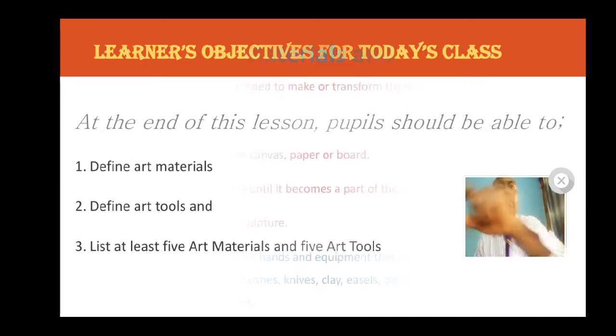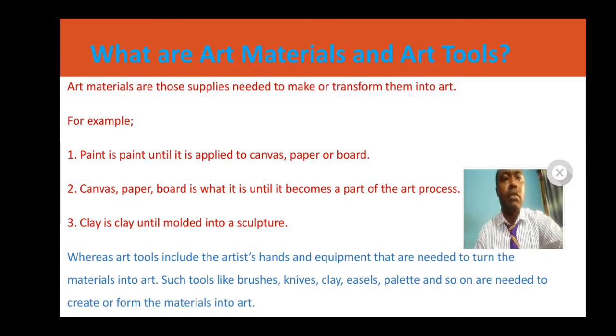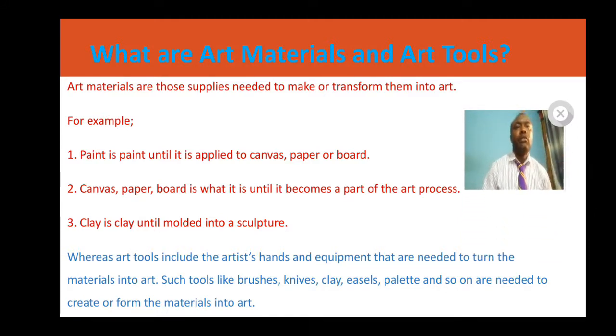Now let's look at what are art materials and art tools. We start with the first one, art materials. Art materials are those supplies needed to make or transform them into art. That is to say, those things that you will assemble, you will gather for you to create an artwork.